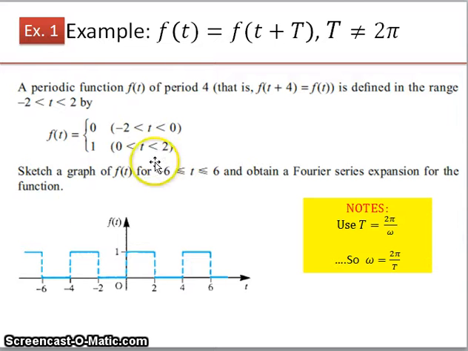The question: sketch a graph of this f(t) for the domain from -6 to 6, and obtain a Fourier series expansion for the function.